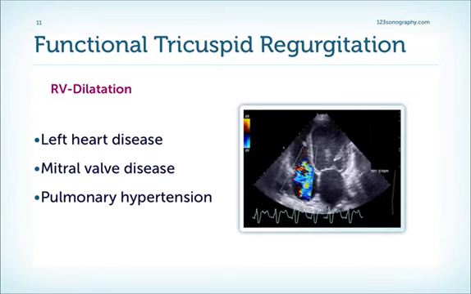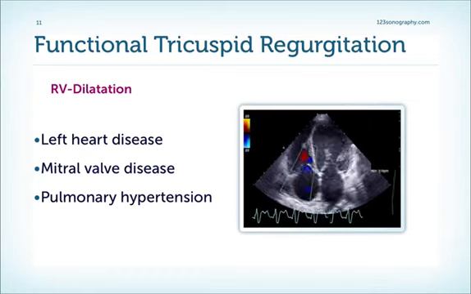Here's an example of a patient who has typical functional tricuspid regurgitation. Why? Because the patient has dilated cardiomyopathy. We can see the reduction in left ventricular function here. And the patient also has a dilatation of the right ventricle, which leads to tricuspid regurgitation. But there are also many other problems of the left ventricle which can lead to dilatation of the right ventricle.